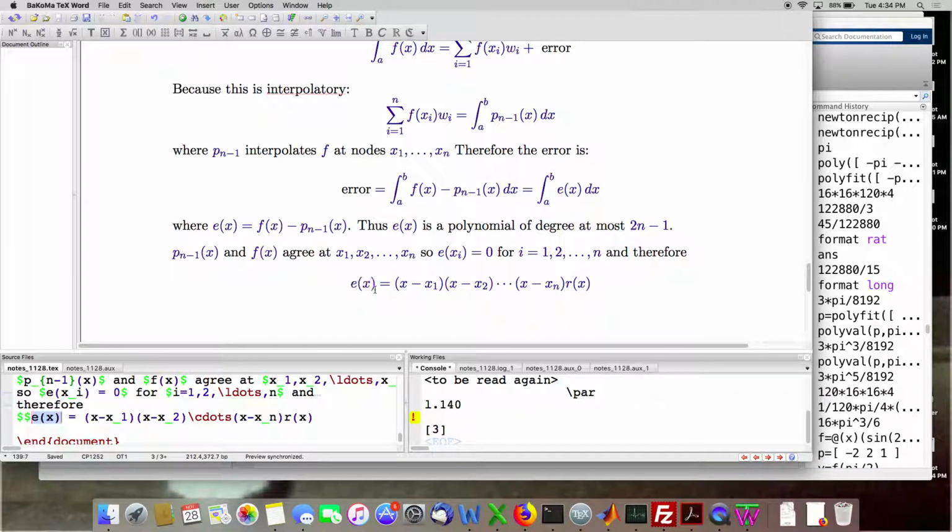The whole thing has degree 2n minus 1. This is factored out. You can see how many there are. So what's left? N minus 1. Yeah, because n plus n minus 1 is 2n minus 1. Every time you factor something out, that subtracts from the degree.